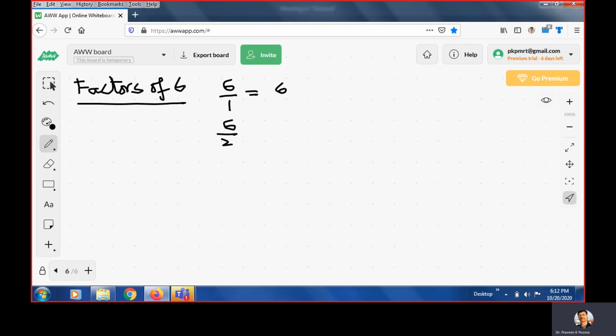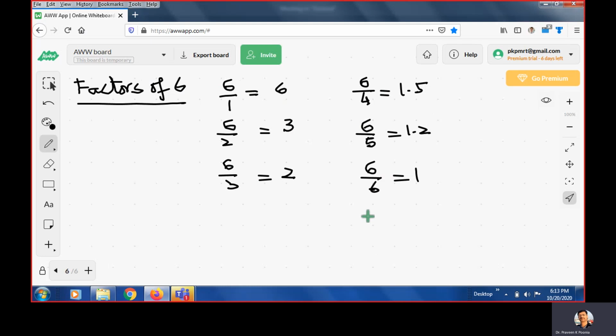Now check 2. 6 divided by 2 is 3. 6 divided by 3 is 2. 6 divided by 4, if you check, is 1.5. 6 divided by 5 is 1.2. And 6 divided by 6 is 1 only.